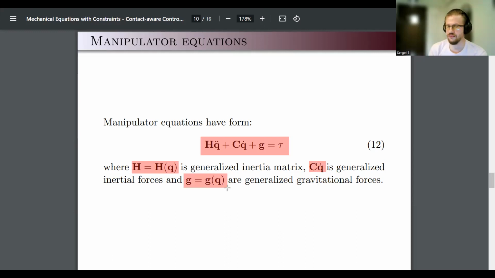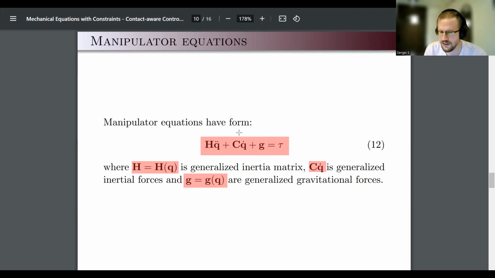That is just convention. For us, this particular structure doesn't make a lot of sense. This C matrix here doesn't do anything for us. Taking G as a separate vector doesn't do anything for us. So for us, this notation is a little bit strange. But this is the convention, so we are going to use it. We could have replaced C q dot plus G as a single vector.